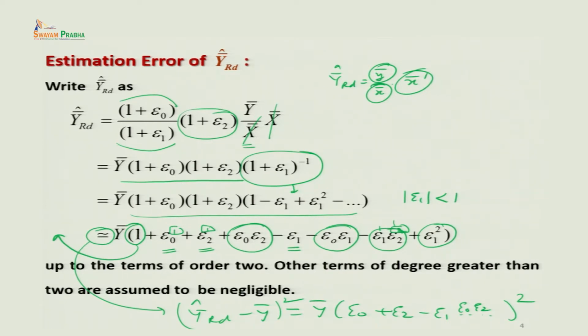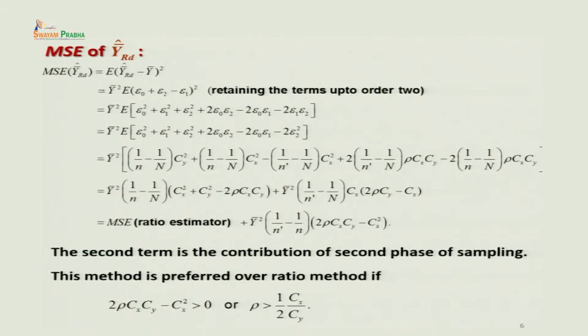So, what we are trying to do here is to report only these three terms, epsilon 0, epsilon 2 and epsilon 1, for which, if we square them, their powers are not going to be more than 2. Okay.